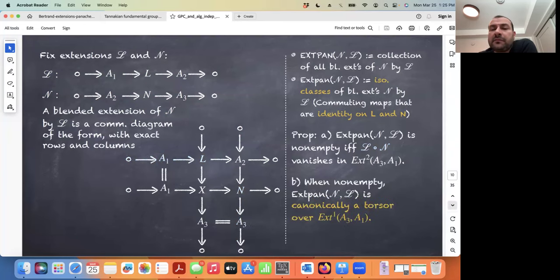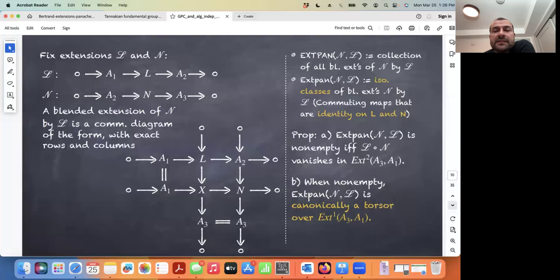And then the second important result is that when Ext-span is non-empty, then it will be canonically a torsor over Ext1 of A3 by A1. So the isomorphism class of blended extensions is canonically a torsor over Ext1 of A3 by A1.